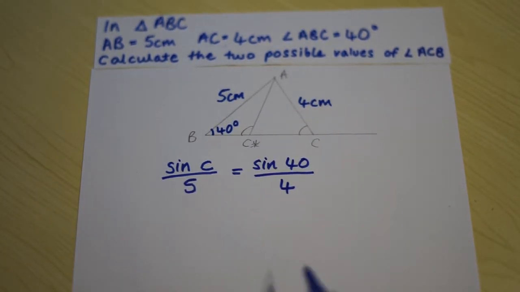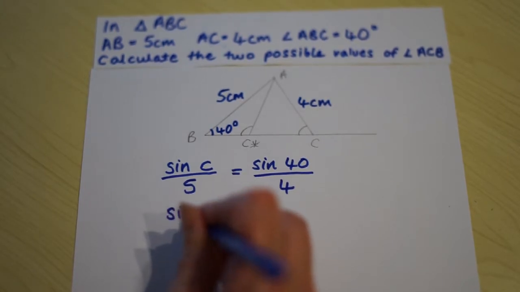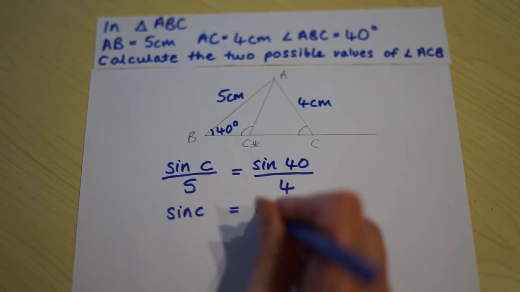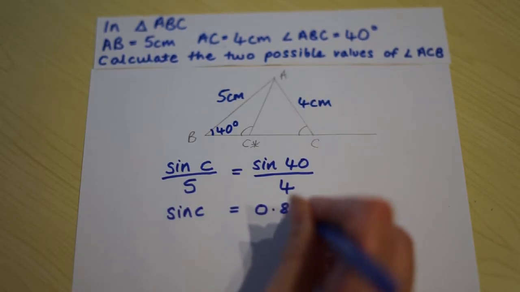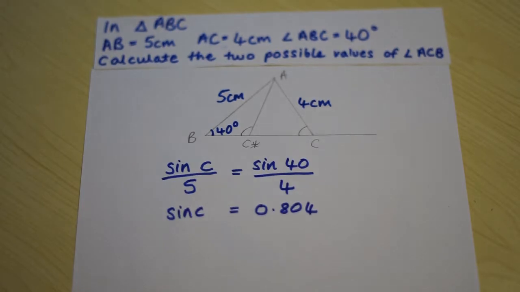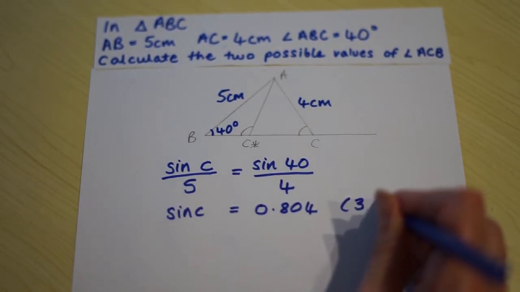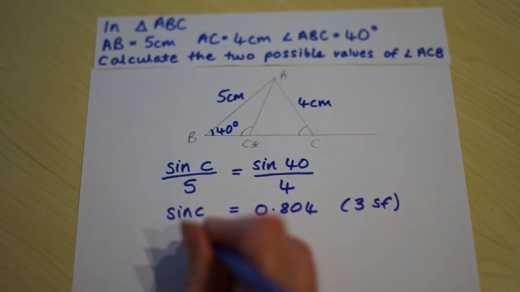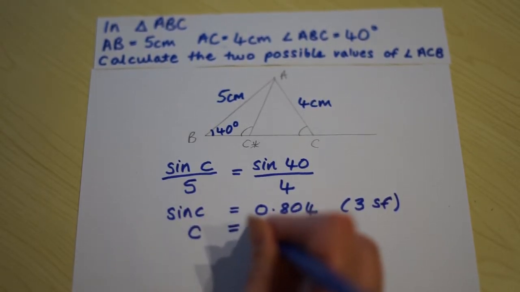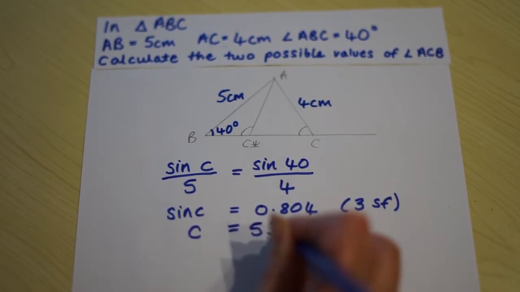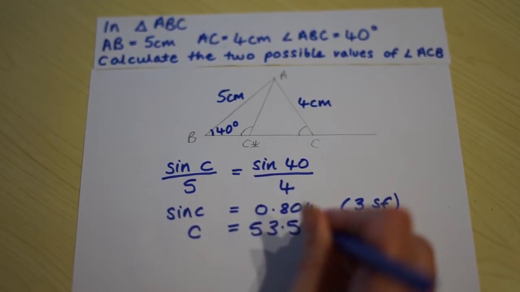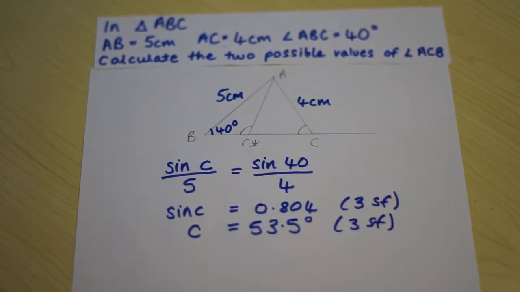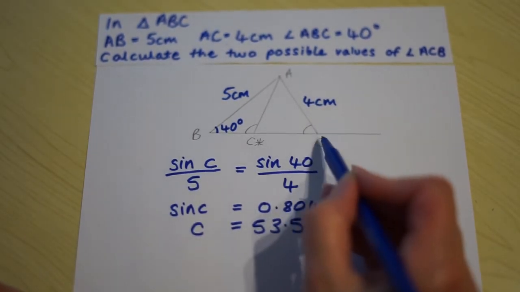So if we rearrange that, we get that sine C equals 0.84 to 3 significant figures. Okay, so there, using your calculator again, C therefore comes out at 53.5 degrees, also to 3 significant figures. And there we have that angle C.